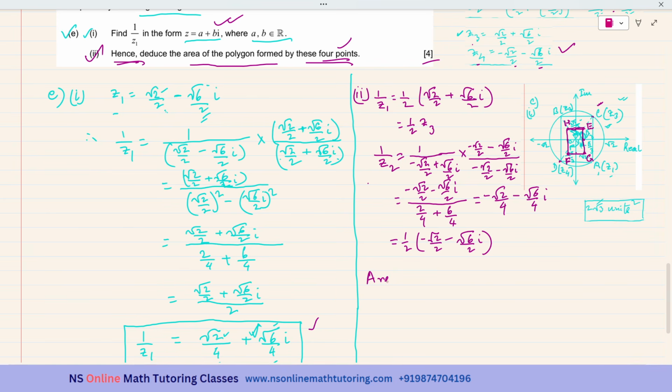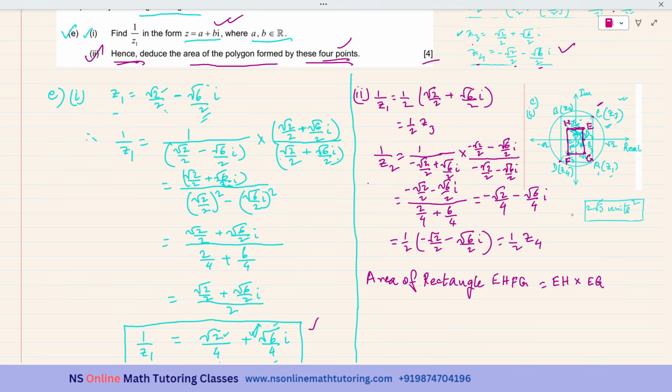Area of rectangle, say E, H, F, G, is equal to EH times EG.